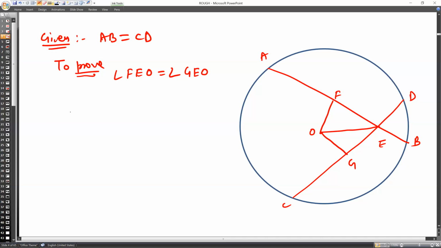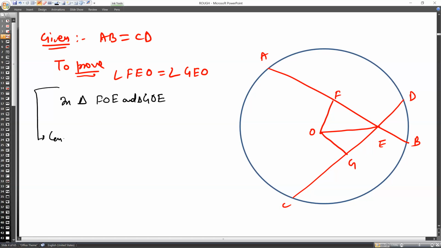Now you will take triangle FOE and triangle GOE. First of all, you can draw the construction here.